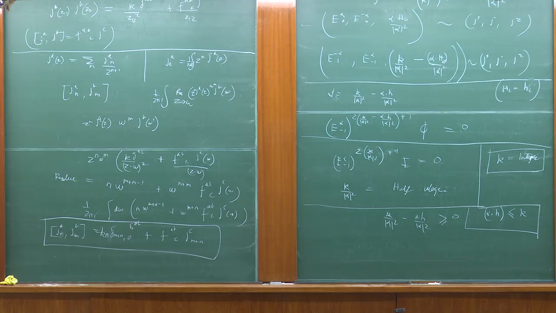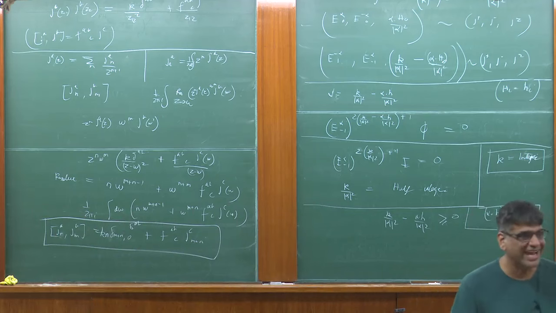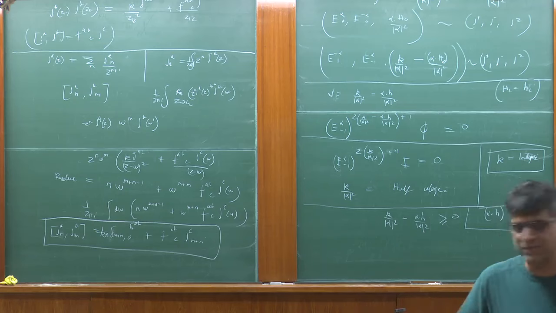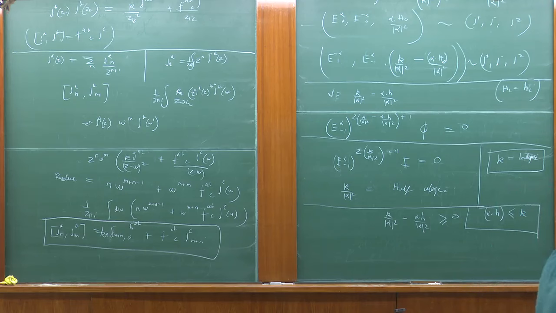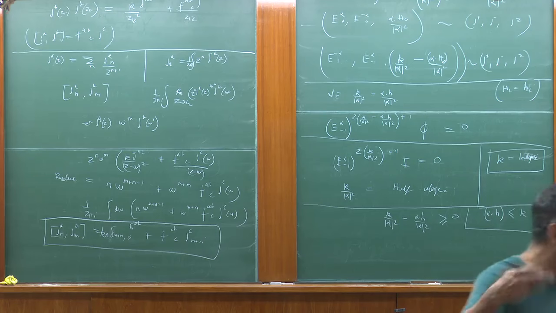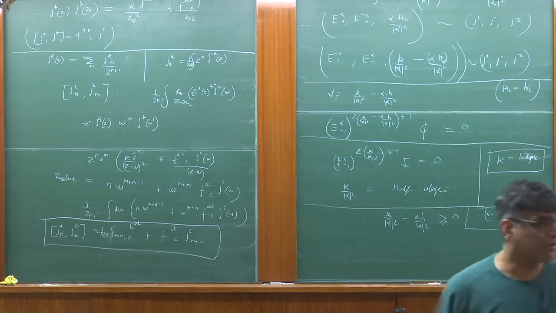What was the SU2 analog of this statement? In SU2, we had that J was less than or equal to K. The representations were just labeled by K and J. This is what's replacing that highest weight statement. It's a very lovely and clear condition on allowed representations.